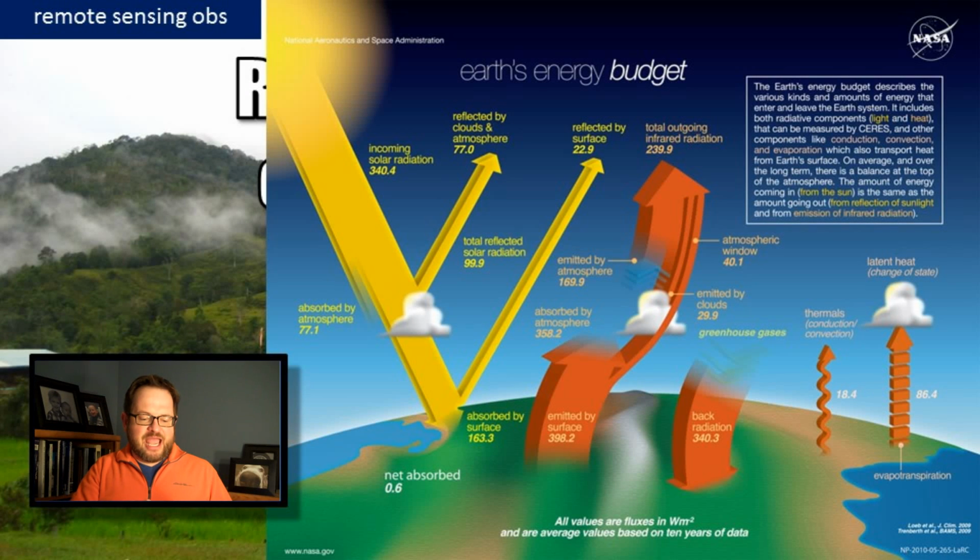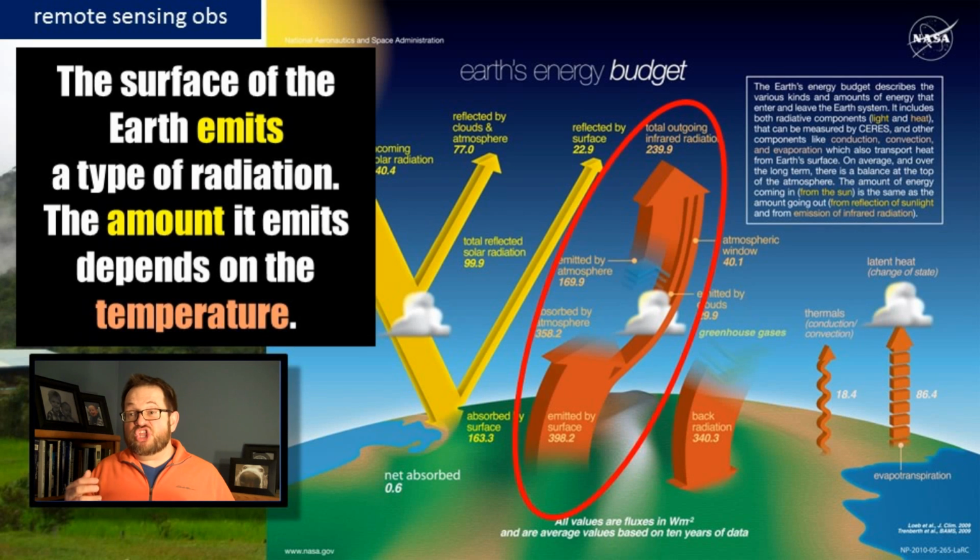And the way it is done has to do with Earth's energy budget. You learned back in classes like ATSEVS533 that everything emits radiation, and the amount of radiation that the object is emitting depends on its temperature. Well, the Earth emits a particular type of radiation. It is long-wave radiation in particular.